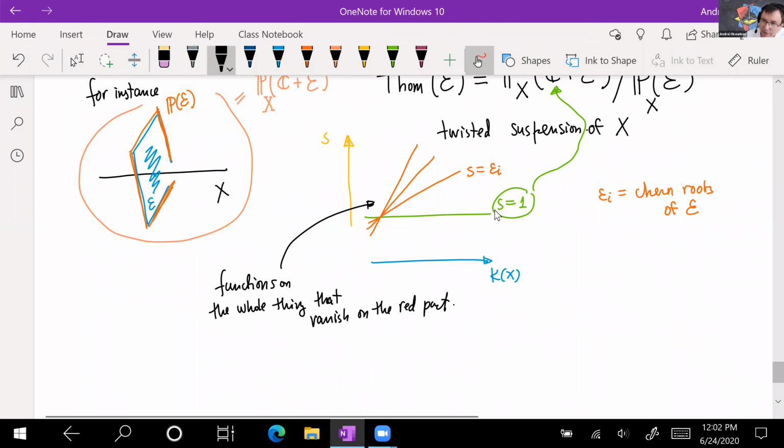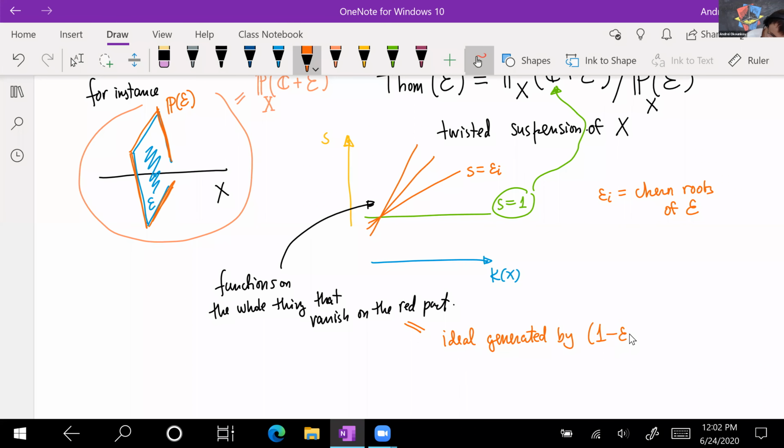Well, it's clear that first of all, it's a function on just the copy here, but second, it had to vanish here. So this is more or less the ideal generated by 1 minus epsilon_i in K of X.